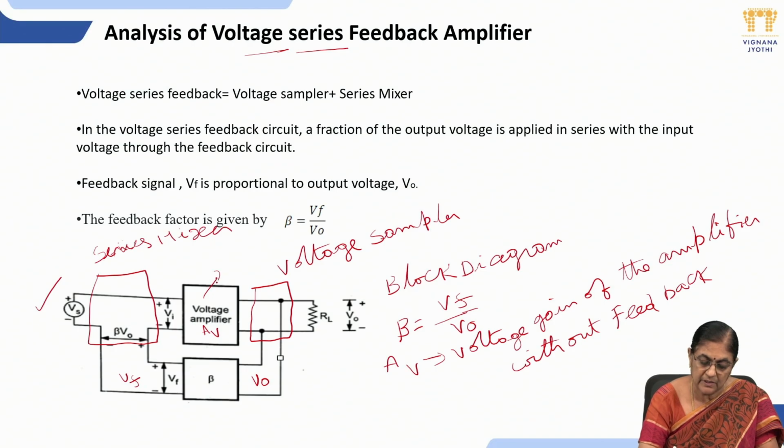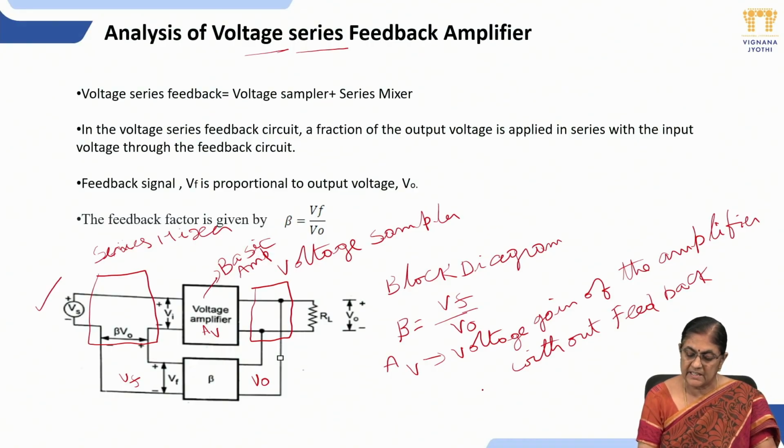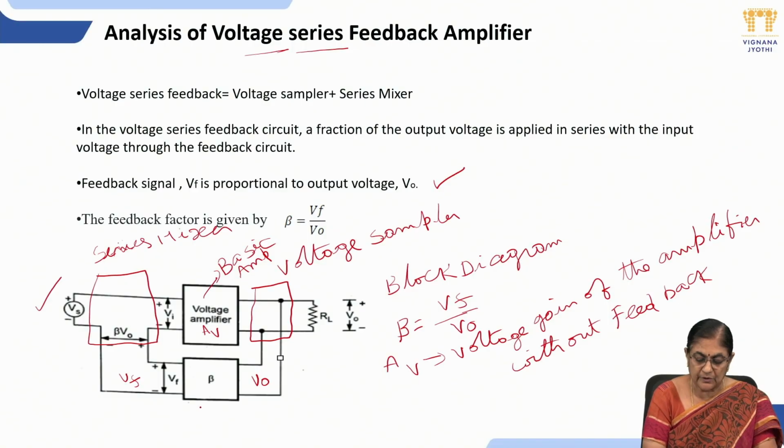Voltage amplifier. So this is basic amplifier. AV is voltage gain of the basic amplifier without feedback, and feedback factor beta is VF by V0. Feedback signal VF is proportional to output voltage. In voltage series feedback circuit, type of the sampler is voltage sampler and type of mixer is a series mixer. In voltage series feedback circuit, a fraction of the output voltage is applied in series to input voltage through the feedback circuit. This is the feedback circuit.